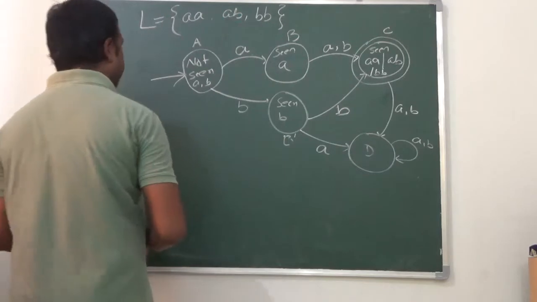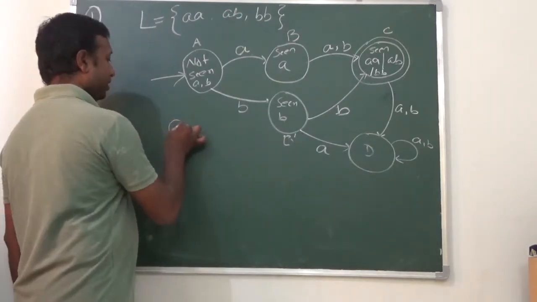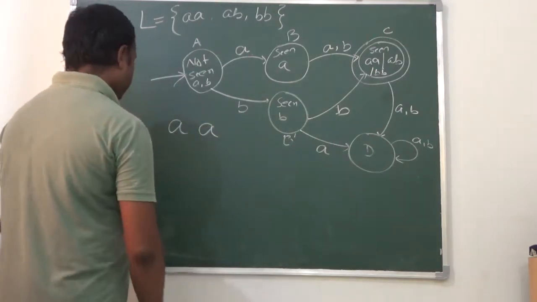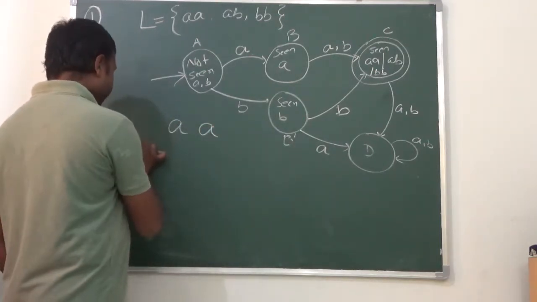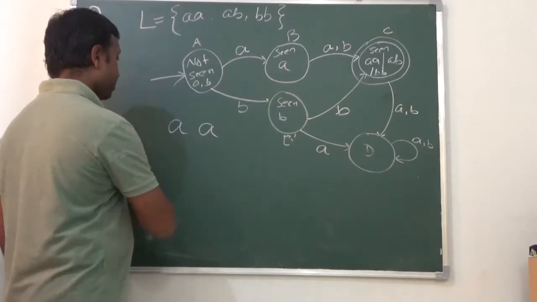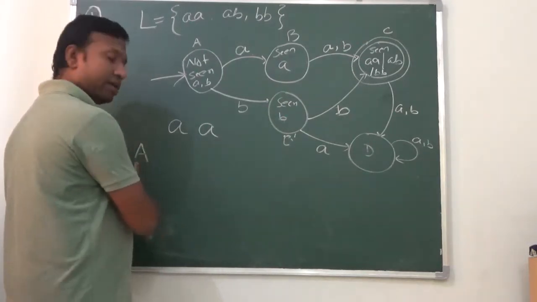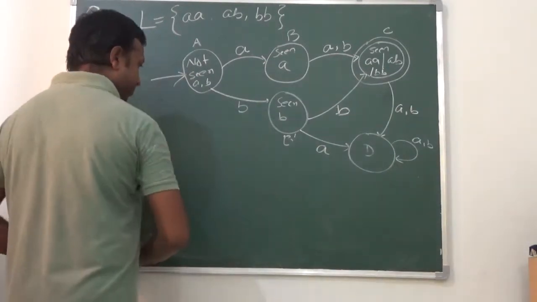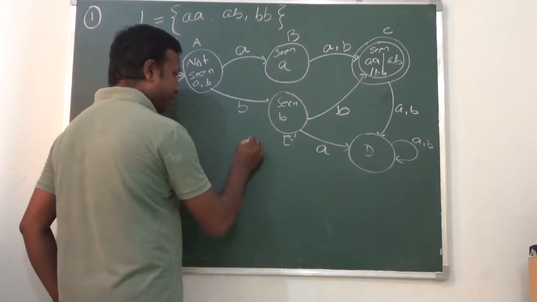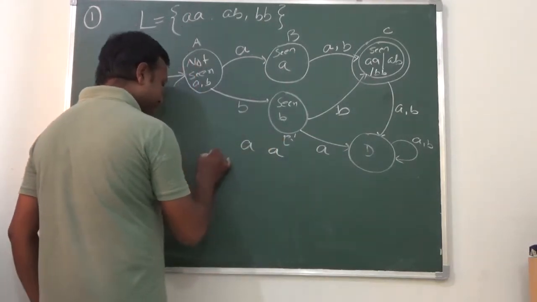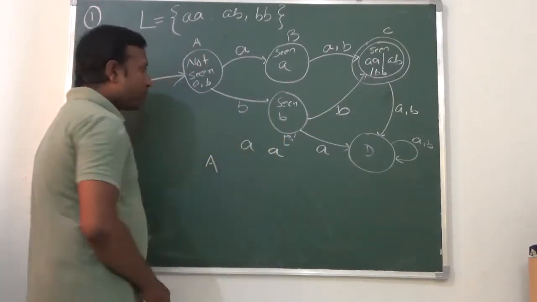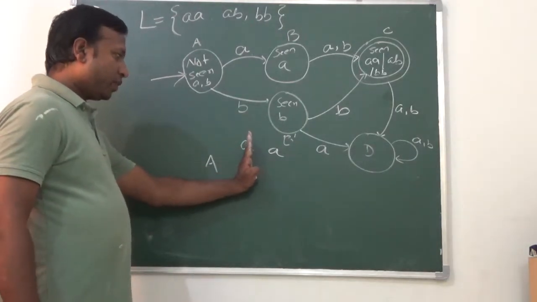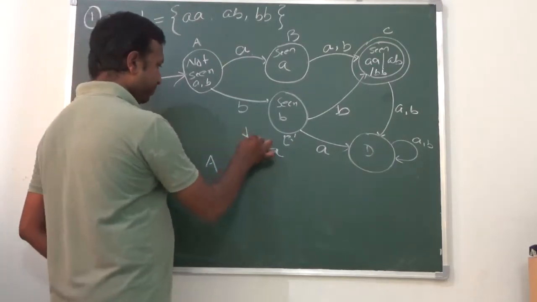So let us say the input symbol is A. The machine must start with the state A. The starting state of the machine is A and the input is A. So first the read head will read this A, right?